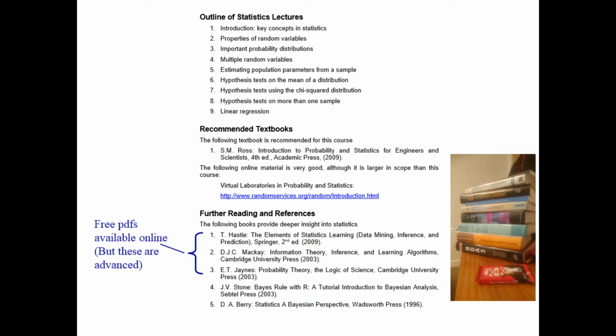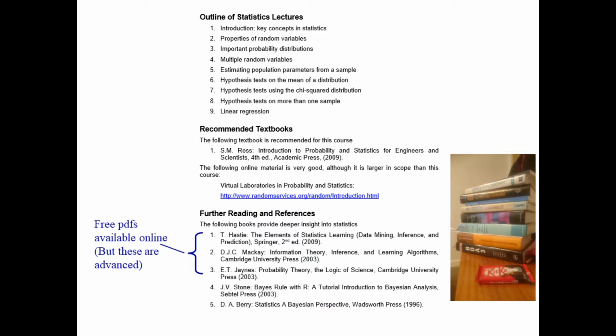Okay, the recommended textbooks for this course. The one for this course is Ross, Introduction to Probability and Statistics for Engineers and Scientists, 2009 edition. It's also worth having a look if you like online course material in addition to textbooks. Although Ross's textbook is very good, it's well worth having a look at this website which has an introduction to probability theory and statistics.